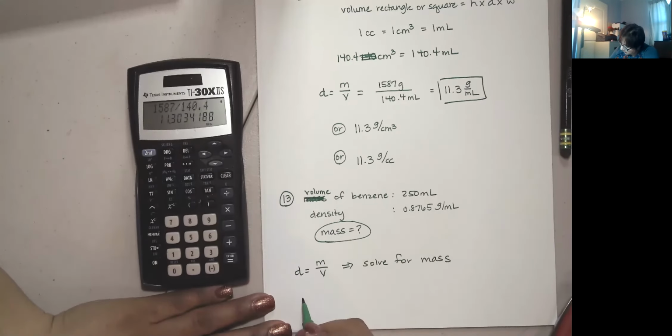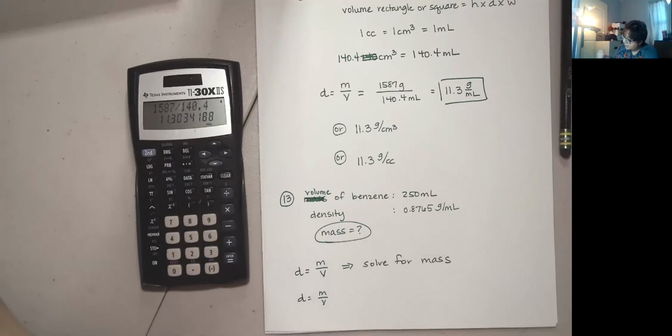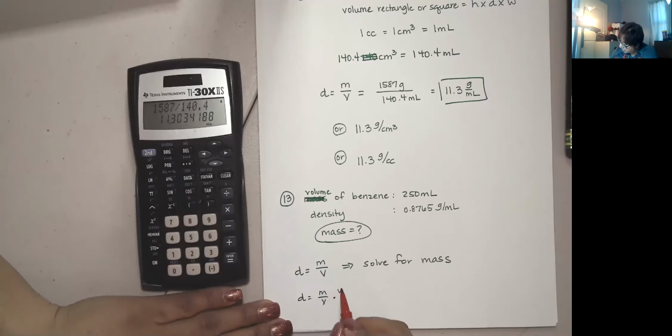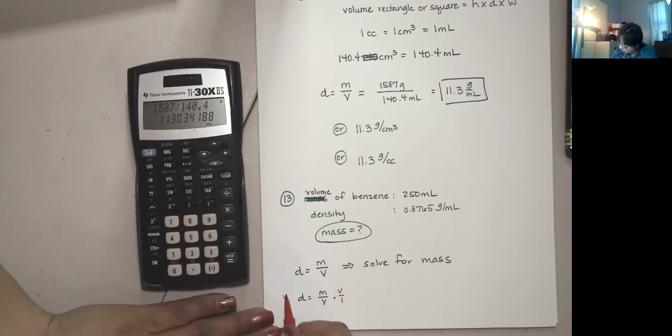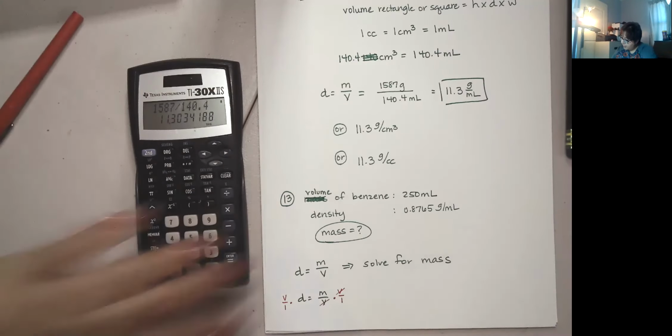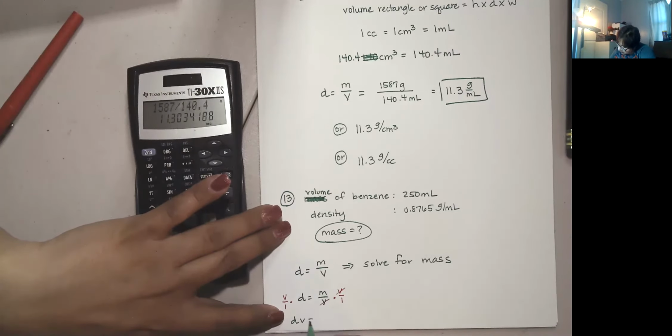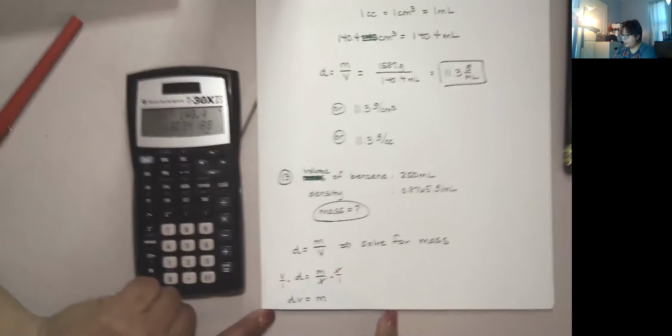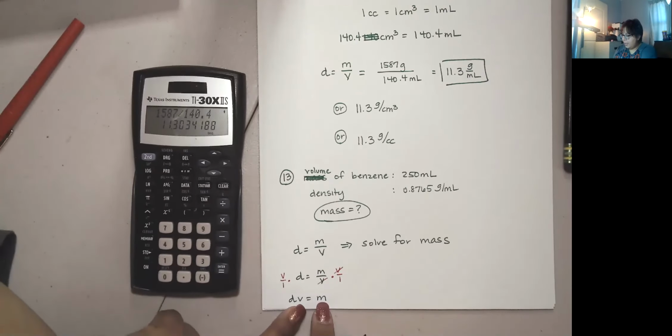I'll show my steps in case you like to see the steps. So I'm going to multiply both sides by V over 1. That will cancel with this. And I'll end up with dV is equal to M. So the mass is going to be density times volume.